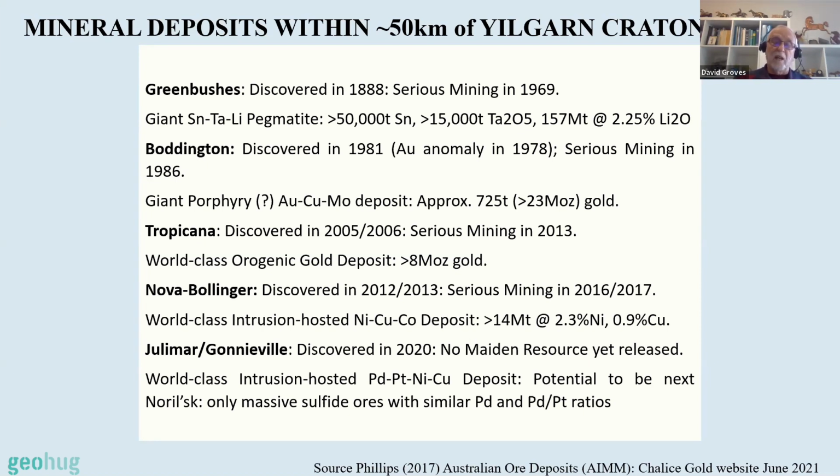And until last week, I thought it was the only massive sulfide with similar palladium-platinum ratios to Norilsk, but just by accident, I was looking at something on the northern shore of Lake Superior, and I found that Lac d'Azil, which is perhaps an alkaline intrusion, has high palladium as well. I hadn't picked that one up from the literature before that.